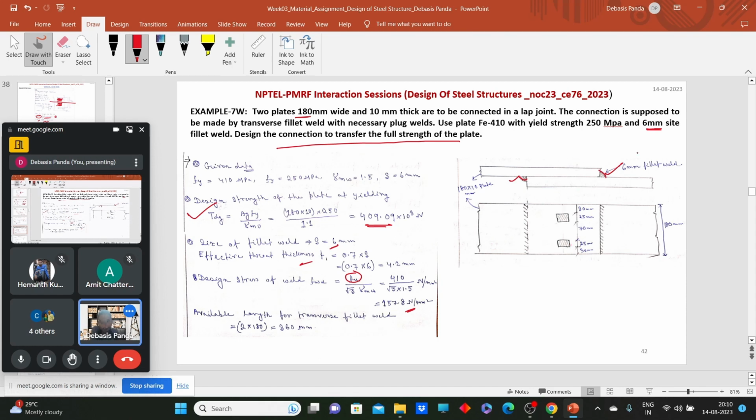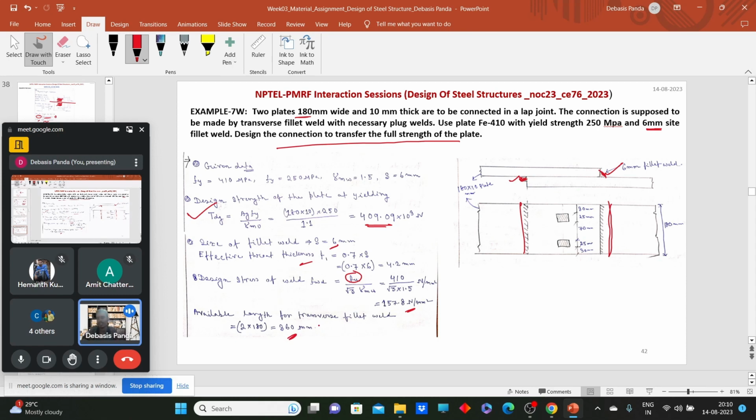Now, what will be the available length? We can weld on the bottom side and we can weld this side. So available length will be 180 on this side and 180 on the other side. So how much available length is here? It's 360 mm. Now we have to find out how much force we can transfer using that 360 mm of available length.